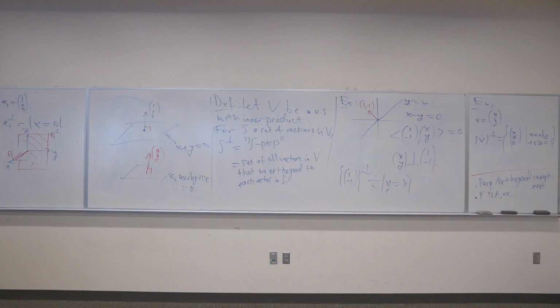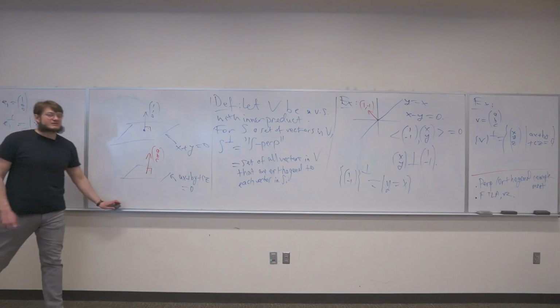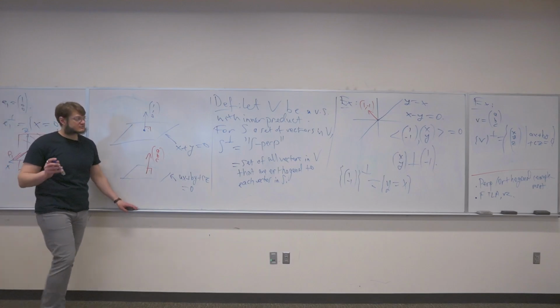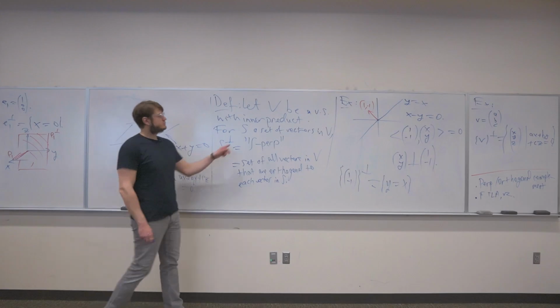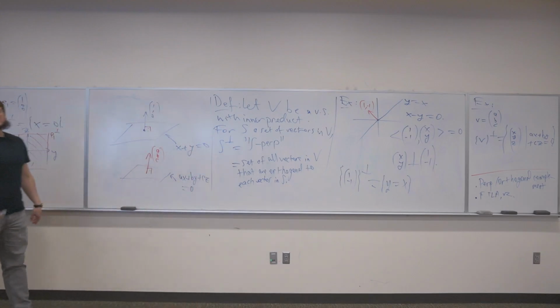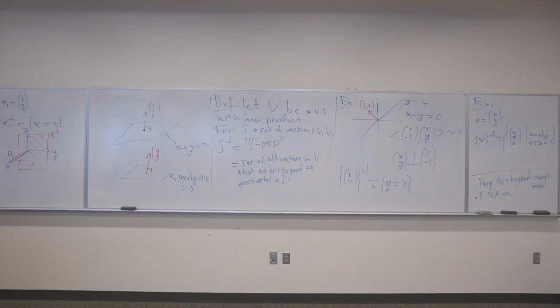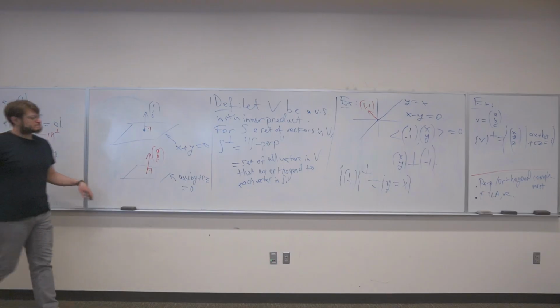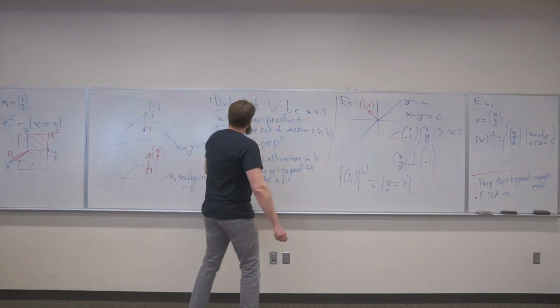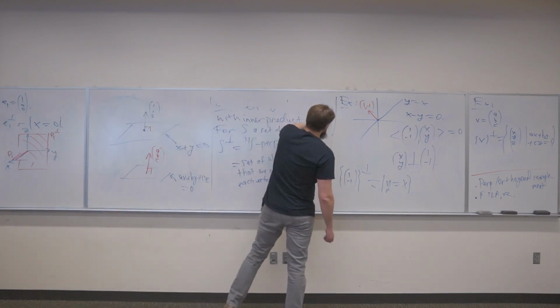Yes? How would it change if ax plus by plus cz didn't equal 0? Well, then it would be a plane that is not necessarily passing through the origin. Yes, but that's a good point. No matter what the set is, whenever you take the perp of it, you always get a linear subspace. S-perp is always a subspace. So maybe I'll add it here.